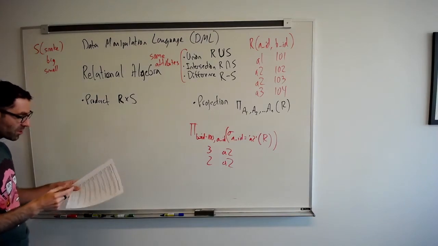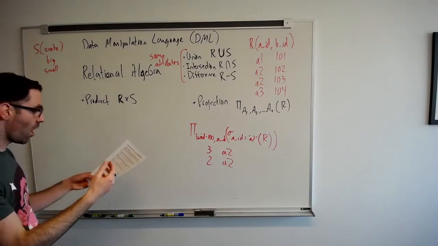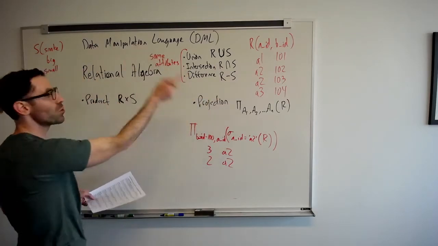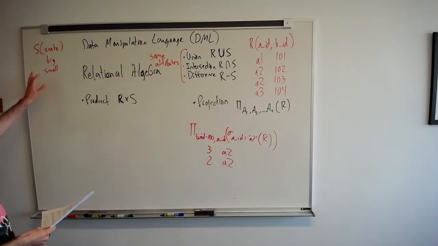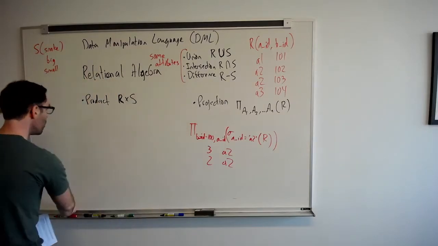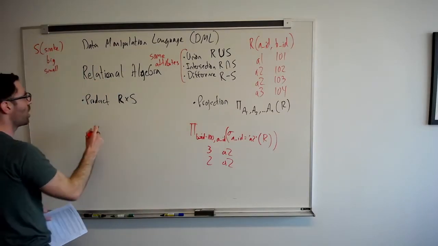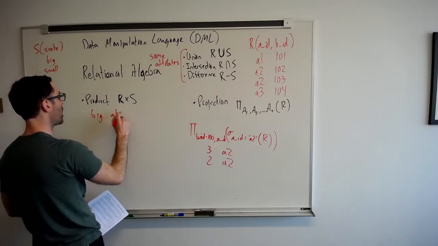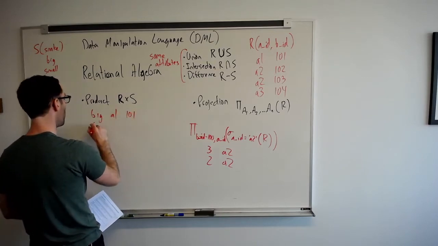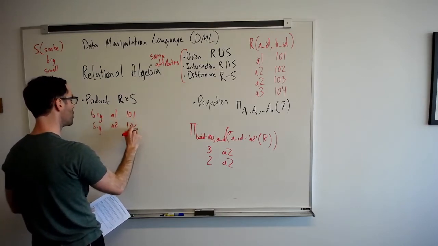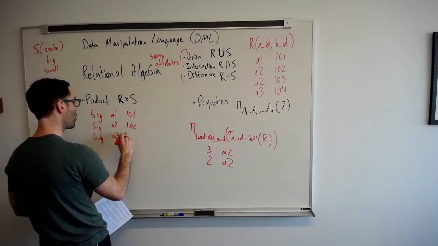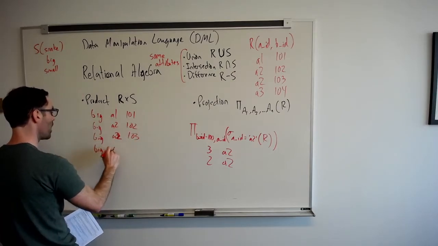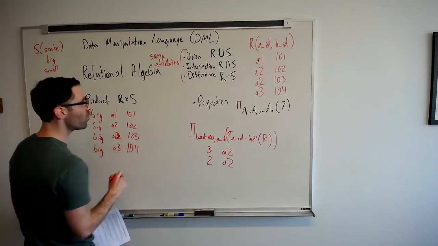This is going to give us a relation that has all possible combinations of the tuples from the two relations. So we'd have 8 tuples in total. We'd have big A1 101, big A2 102, big A3 103, A2 103, and big A3 104.